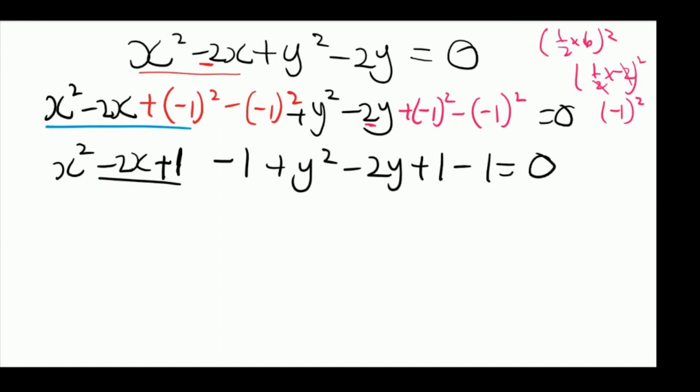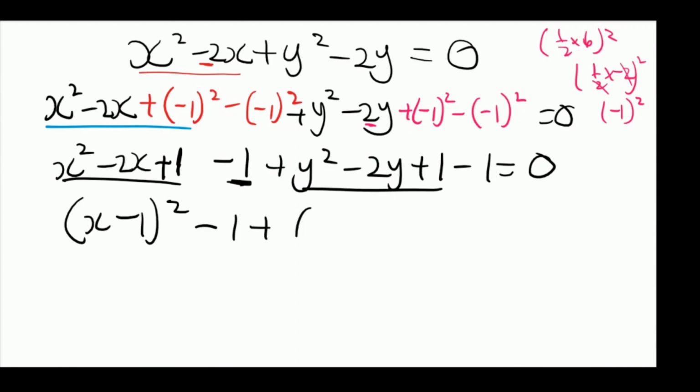So as I said, factorize this, you're going to have x minus 1 all squared, and then this minus 1 here, you just write minus 1, plus, and factorize this portion here, you have y minus 1 all squared, and then this one here you write as minus 1 equals 0.